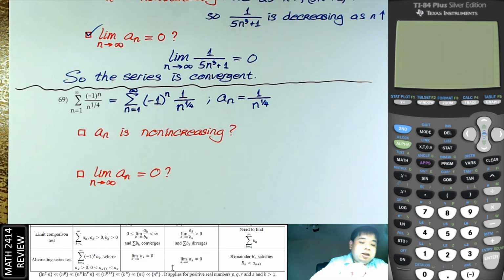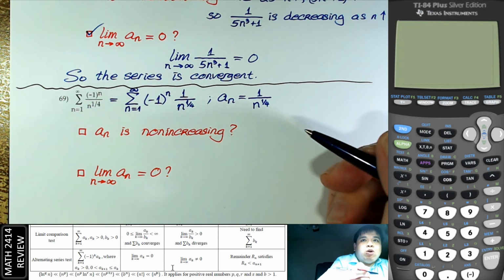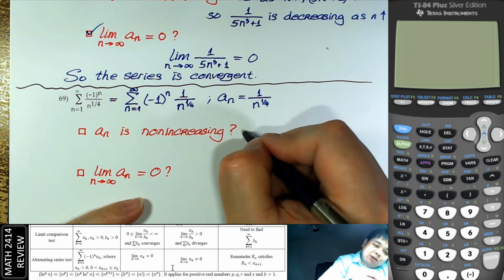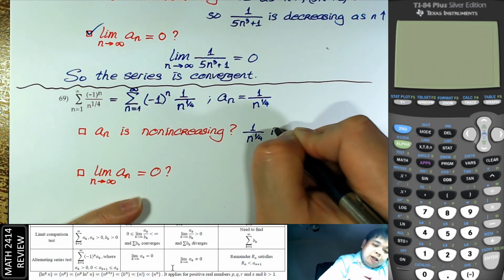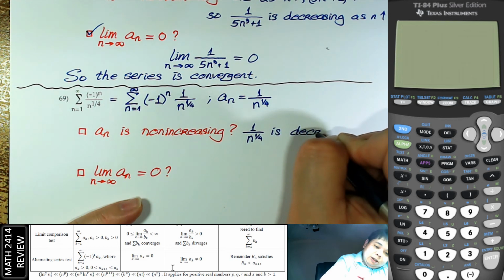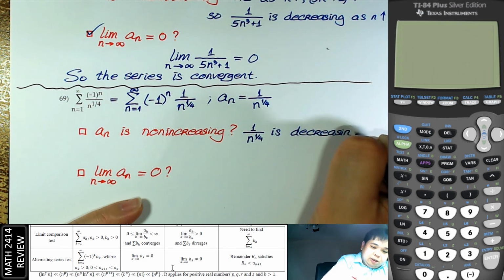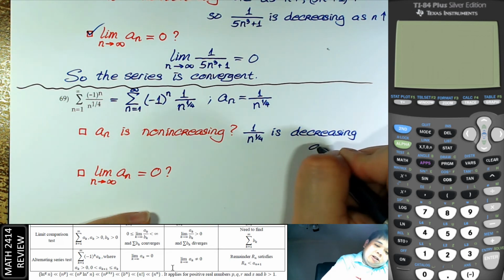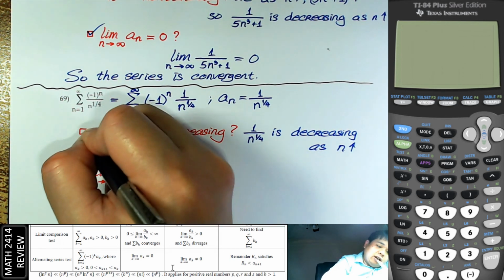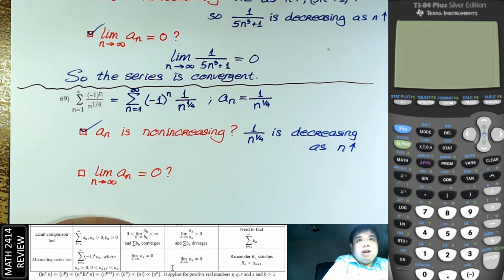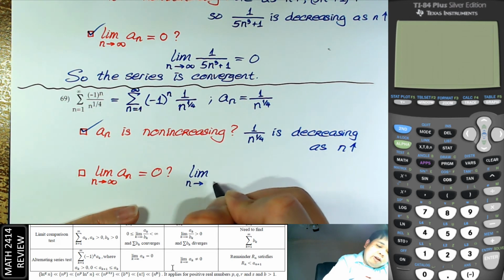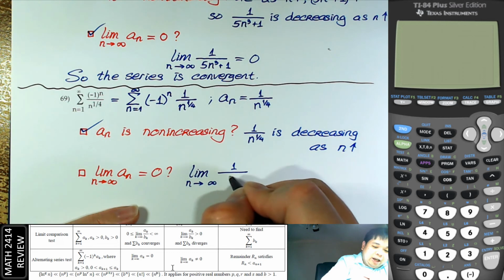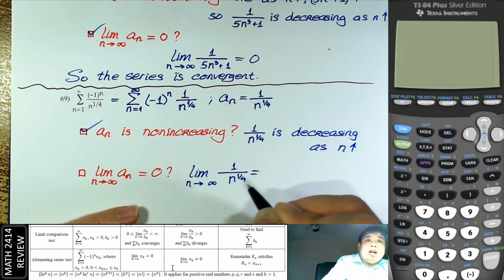Right, the first one is obvious. As n gets bigger, the whole thing gets smaller. So that is decreasing, because as n gets bigger. So that checks. We can also use the derivative to say that it is decreasing. Now, the limit as n goes to infinity of 1 over n to the 1 over 4. Same reason as before.